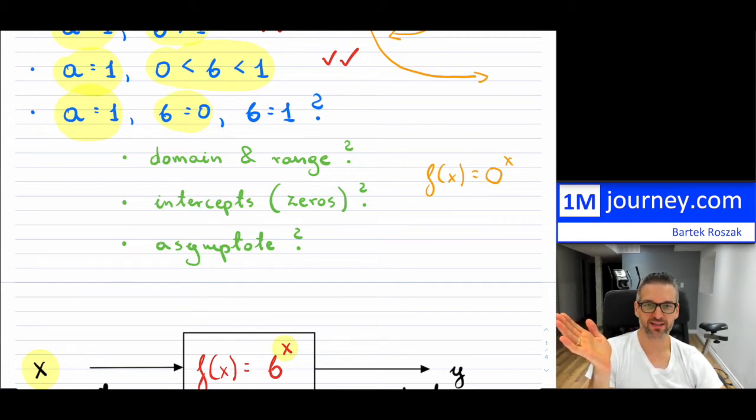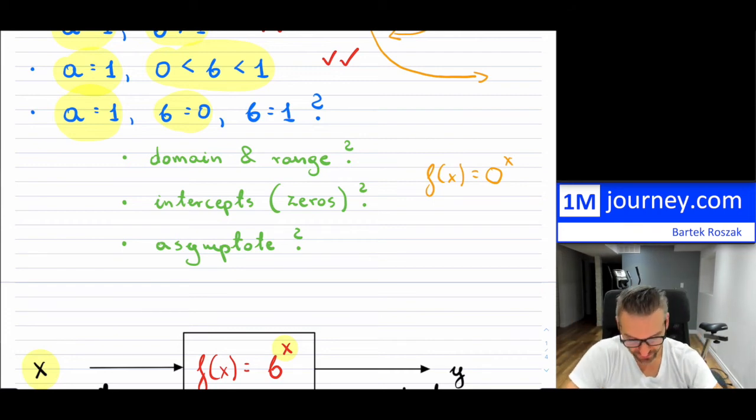So if x is positive, from 0 onwards, then basically it's just 0, because if you take 0 and take it to a positive exponent, you're going to get, let's say, 0 to the 1 or 0 to the 2 or 0 to the 3.5. It doesn't matter, it's still going to be 0. So that's what happens in this particular case.